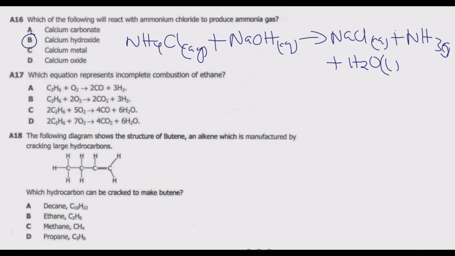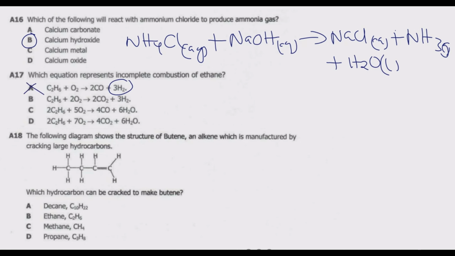Which equation represents an incomplete combustion of ethane? Basically, when we have an incomplete combustion of ethane, we are going to end up with production of carbon soot or carbon monoxide and water. So among the products we have carbon monoxide and water. Among the options, we notice that in A this is not water, this is hydrogen.